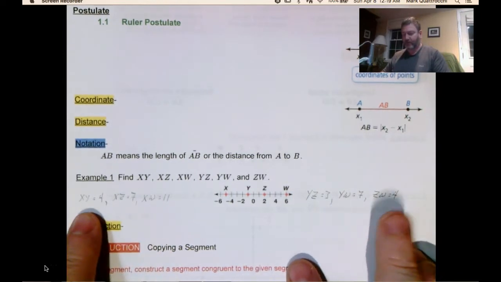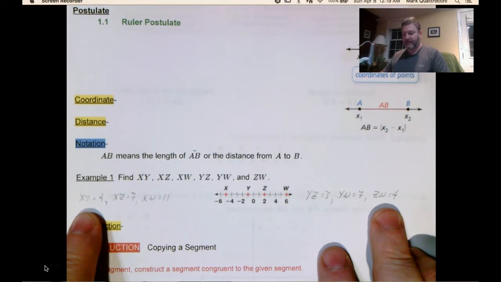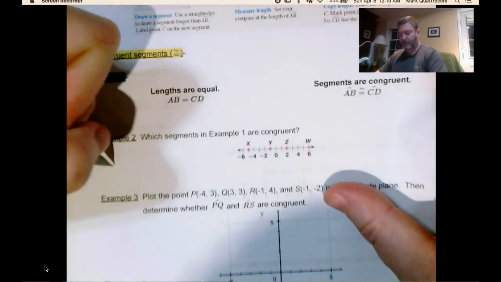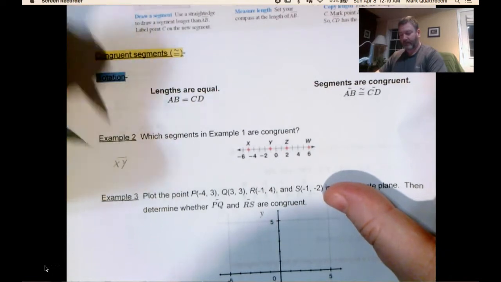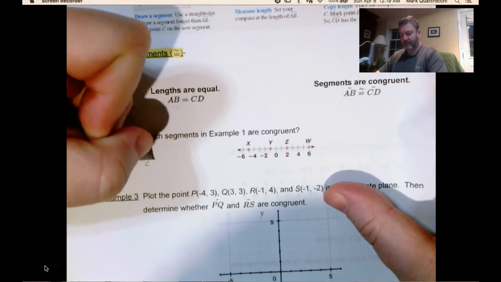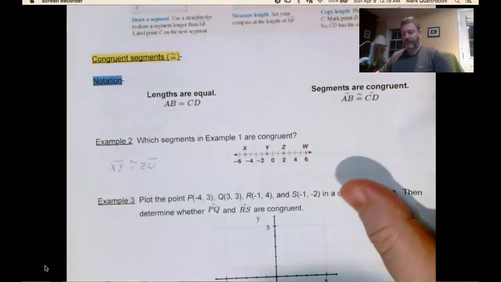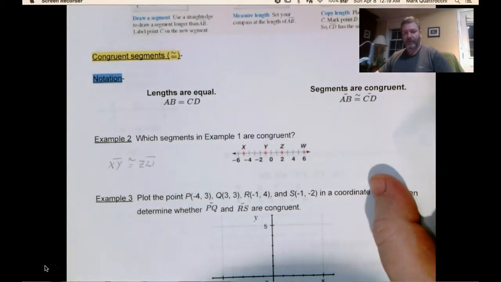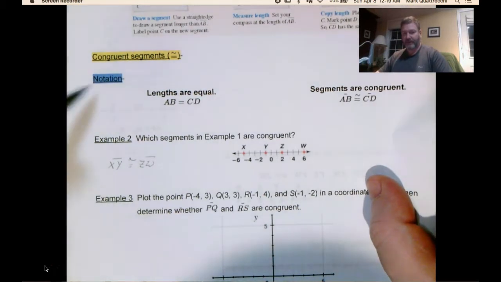We can see XY and ZW have the same length. Segment XY is congruent to segment ZW. And again, notice I'm using proper notation, which you can read about up above.